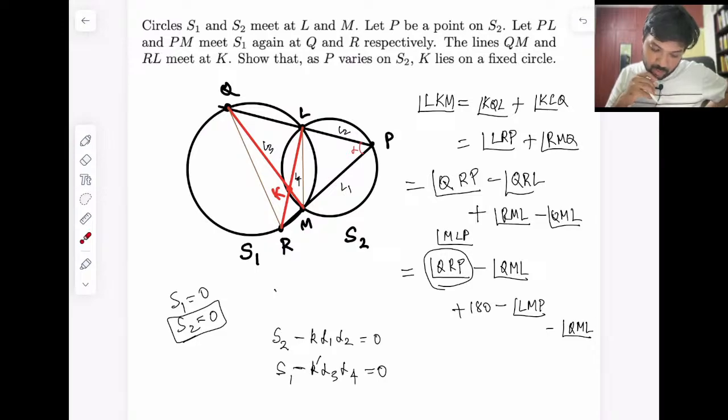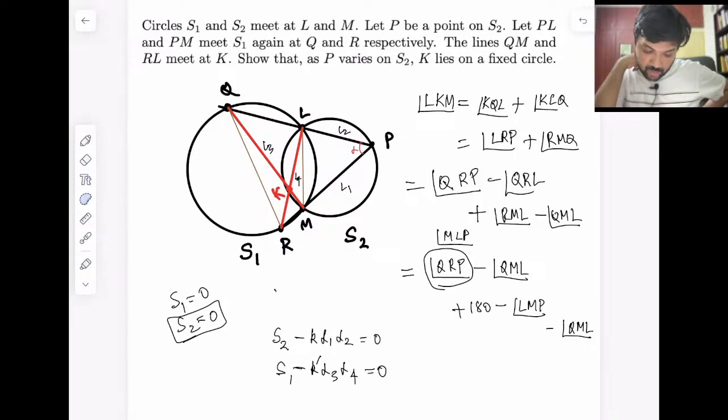I have to prove K lies on a fixed circle. Should do some combination and get. I don't think it's that easy. Okay, no, I'll have to think about how to do the bridge. It'll take me some time. I guess it can be done. I think I need to get some condition on L1, L2, L3, L4. We have not yet imposed something.